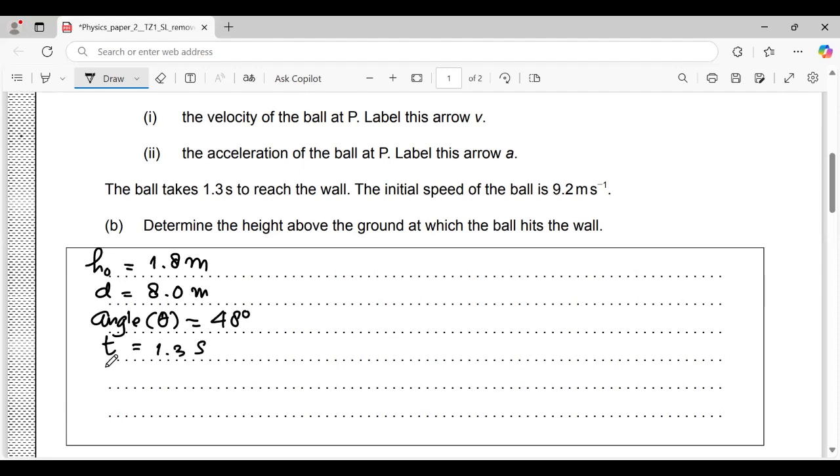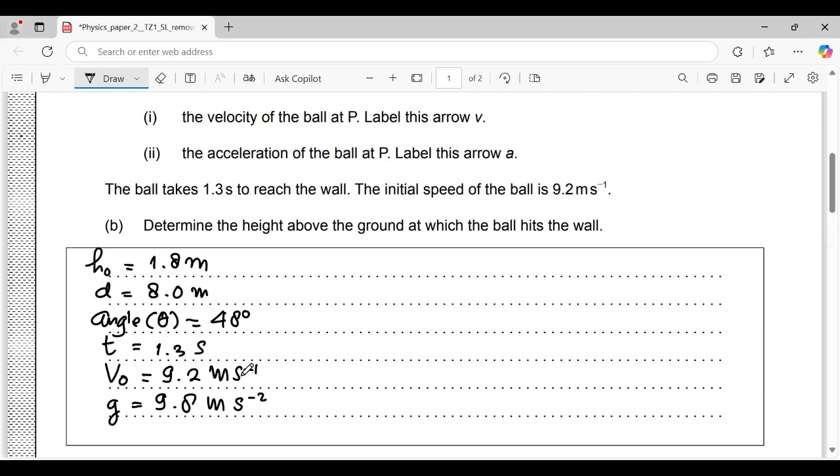And V0, the initial speed of the ball, is 9.2 meters per second. And the acceleration due to gravity is 9.8 meters per second squared.